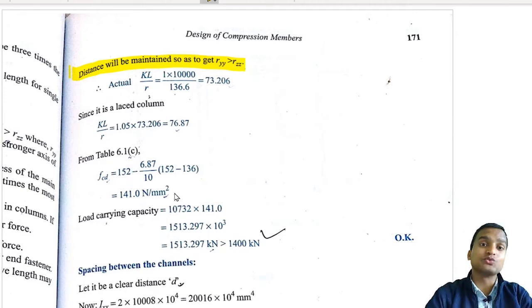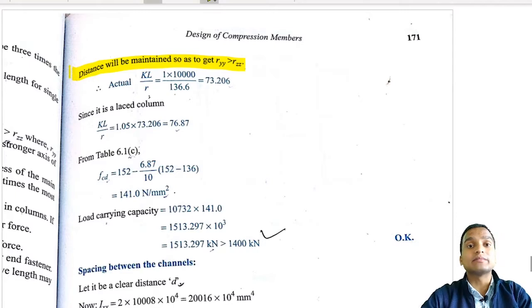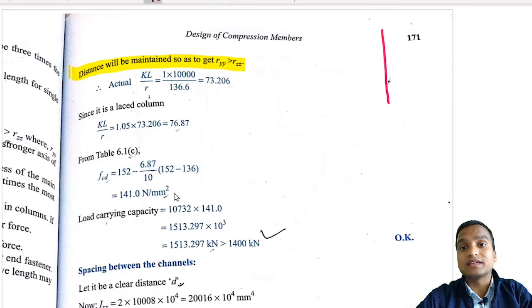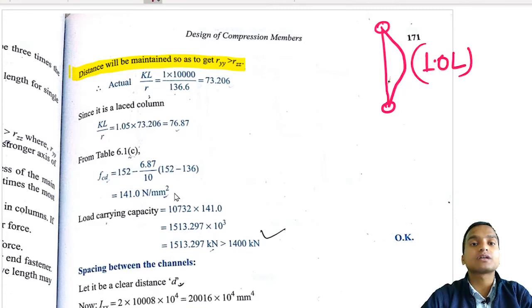So let us use this value only, and as I said, when the column is having hinged joints at both ends, then in that case the effective length becomes equal to 1 times the exact length. So here KL by R, the actual slenderness ratio, is equal to KL by R, and the K value is equal to 1, the length is 10 meter.